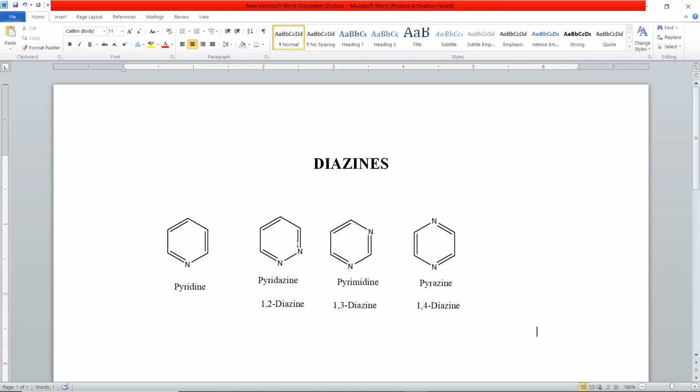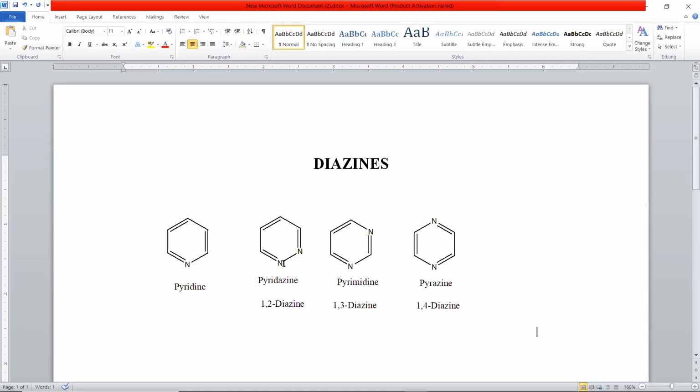So all these diazines, 1,2, 1,3, 1,4 diazines, that is pyridazine, pyrimidine and pyrazine, are less basic compared with the corresponding pyridine. When we compare their basicity, these 3 compounds are less basic compared to pyridine.